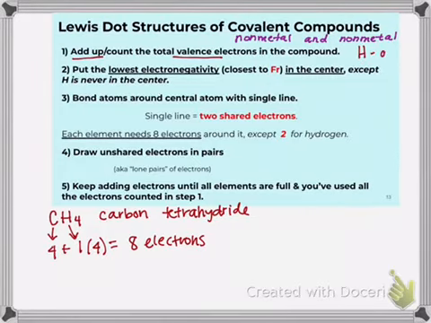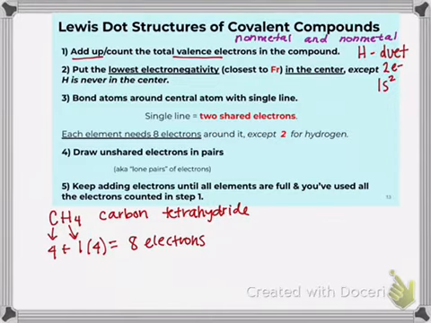He needs what's called a duet, meaning he's perfectly content with 2 electrons. Hydrogen never needs any more than 2 electrons because if you recall, it only has an s orbital. It's 1s. Okay, so the maximum that you can fit in a 1s orbital is 2 electrons. So hydrogen never needs more than 2 electrons.